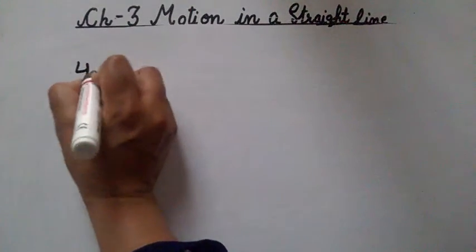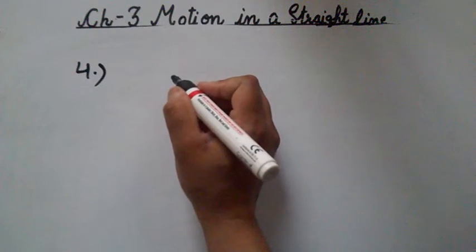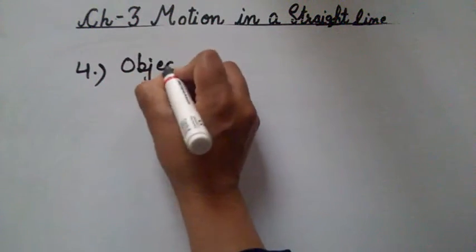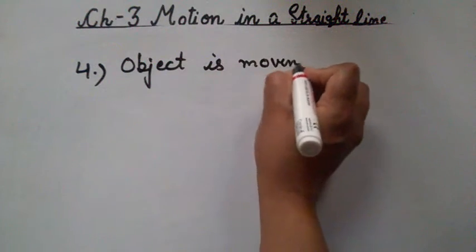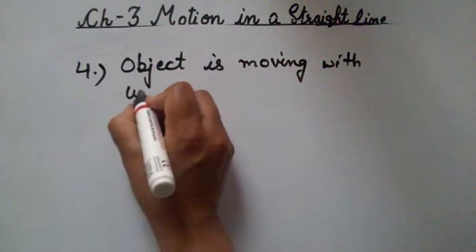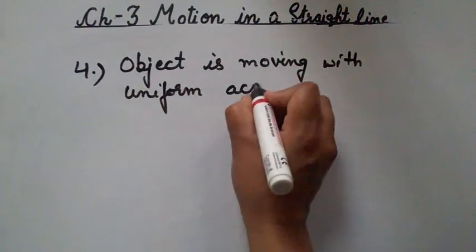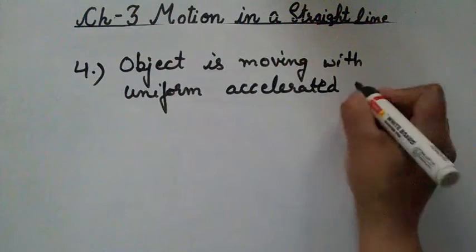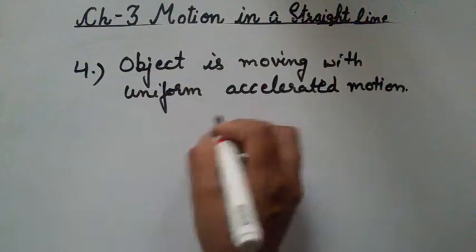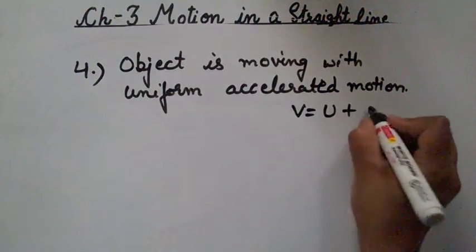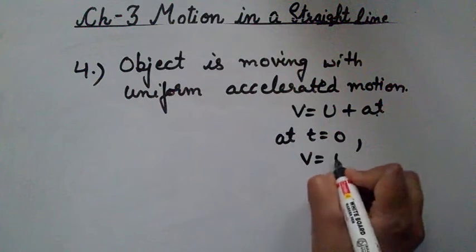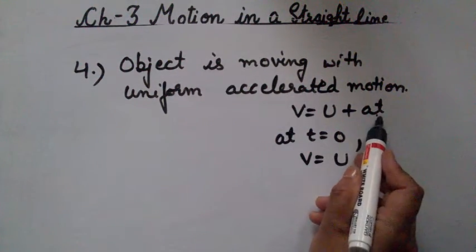Next curve, let's suppose when the object is moving with uniform or doing uniform accelerated motion, then by equation of motion v equivalent to u plus at, and at t equal to 0 v equal to u, and as the time increases v increases.